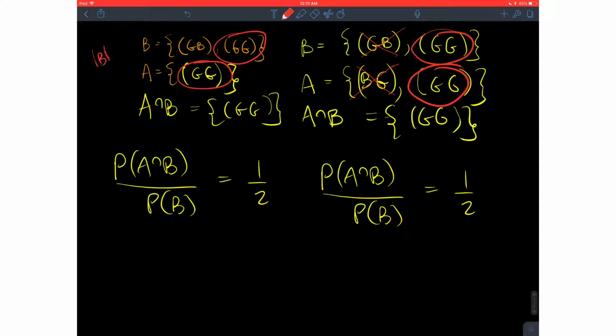There are 2 elements in B, in this case as well. And the cardinality of A and B is going to be 1, in this case as well, which gives us the answer that makes us feel better and sleep well at night: the probability that their second child is a girl is 1/2. Hopefully that was clear and helpful. Have a nice day.